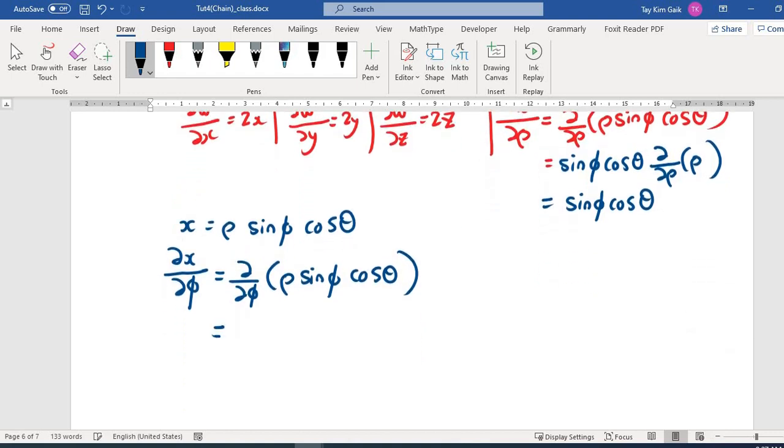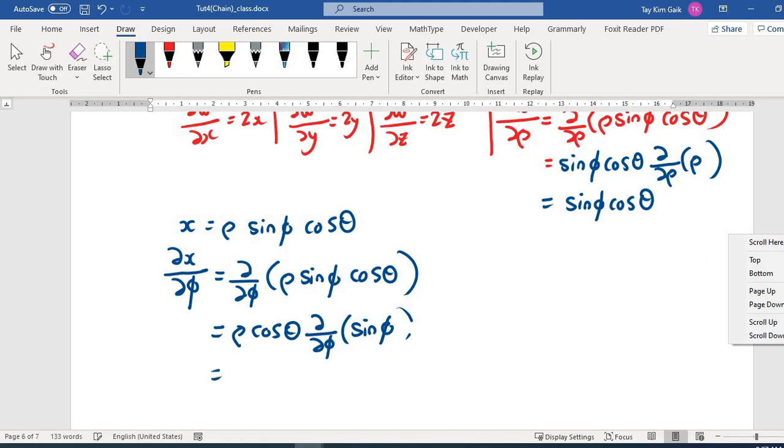When you del phi, rho and theta are constant, so you factor out rho cos theta, and then you del phi of sin phi. Del phi of sin phi, you get cos phi. So you have rho cos theta cos phi.